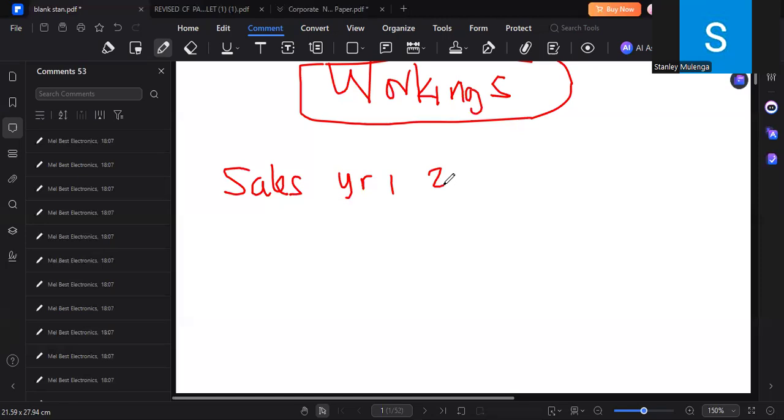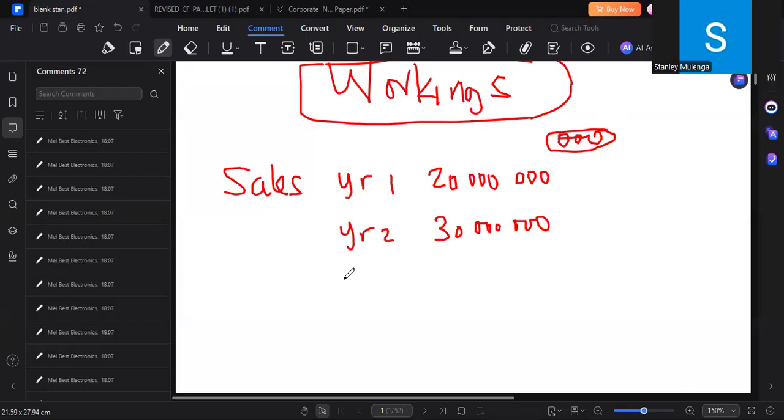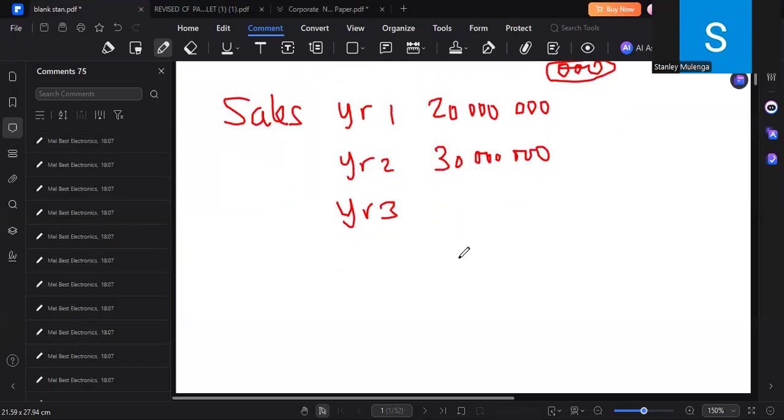We are simply saying our base, so instead of 20 billion, I'll just simply say 20 million. I'll remove the 3 zeros, I've rebased. Year two, the sales is 30 million. Then year three, the sales are 10 million. So these are sales revenue.